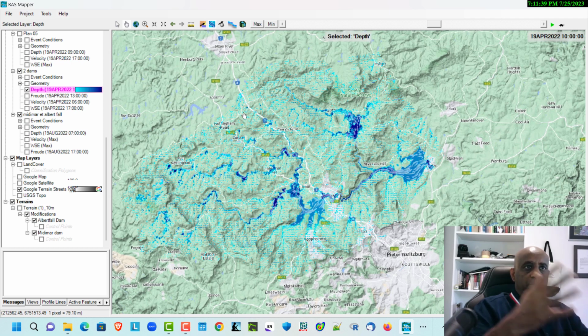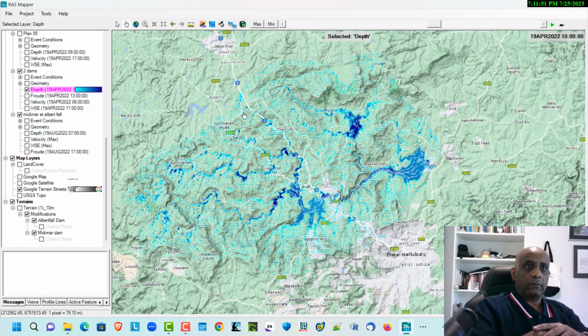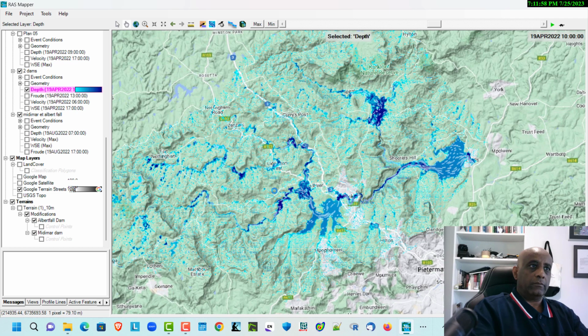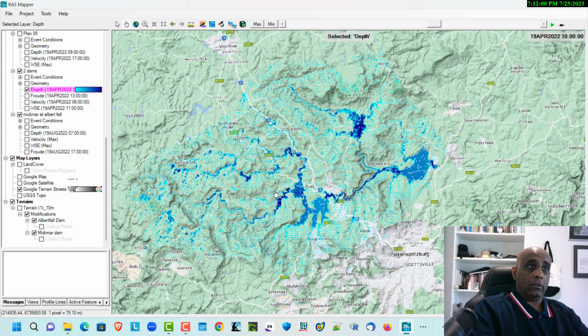But generally, you can see where the flooding might occur if an extreme event occurs. So it's very simple to run the model, HEC-RAS, as long as you have the right data.